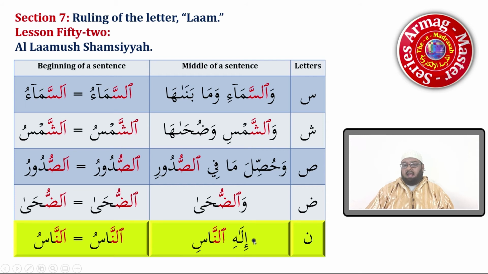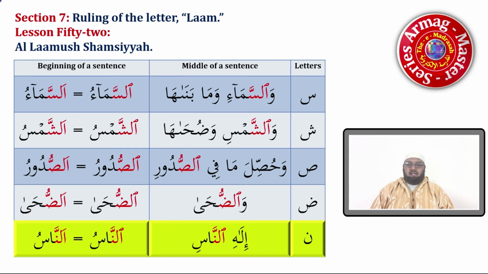Okay? Ilahin Nasi. So for both Lam al-Qamariya and Lam al-Shamsiya, they will have to come after Alif and Lam. In Qamariya, the last one that we did, when a letter of Qamariya comes after Alif and Lam, the Alif alone becomes silent. It is written but becomes silent, and the Lam takes a sukoon when they are in the middle of a sentence.